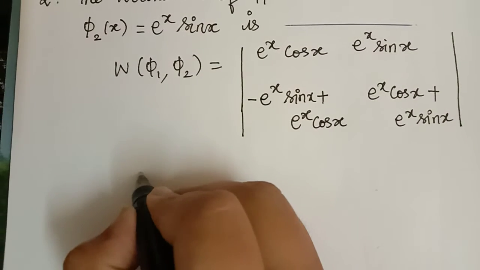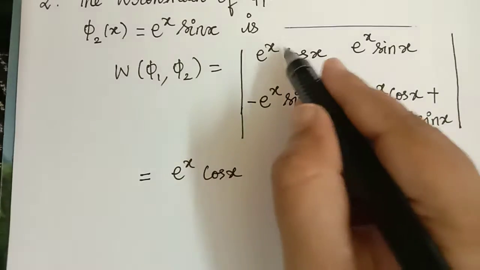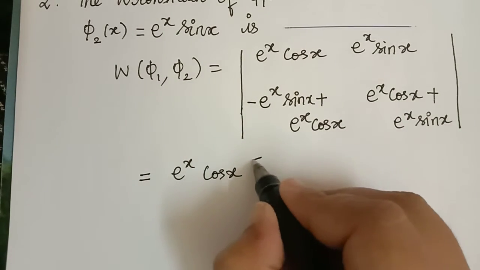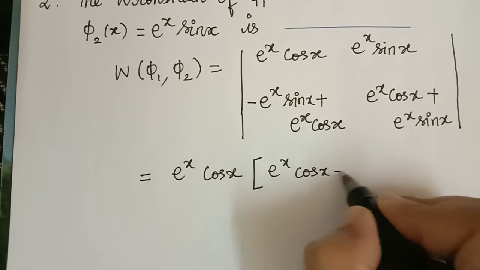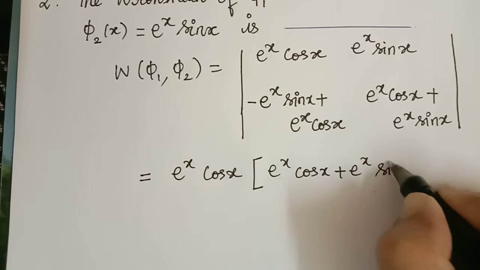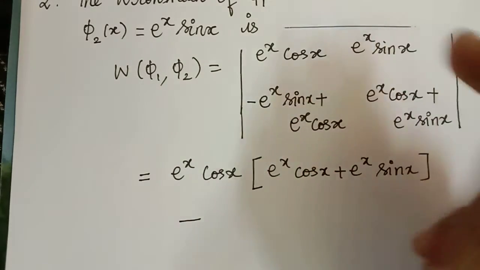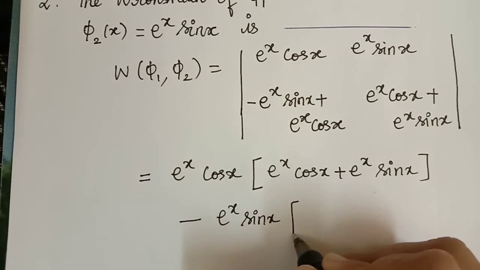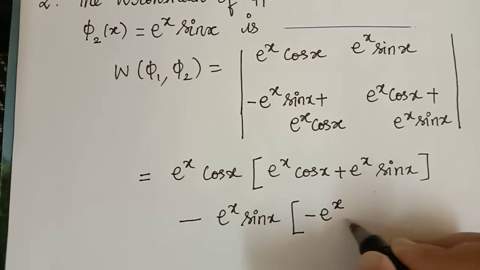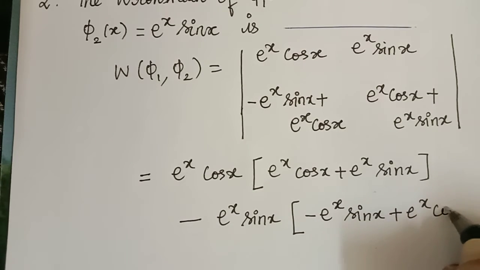So that will be equal to e power x cos x multiplied with e power x cos x plus e power x sin x, and then minus this into this, so e power x sin x multiplied with minus e power x sin x plus e power x cos x.